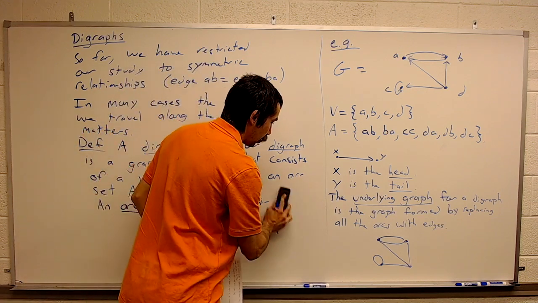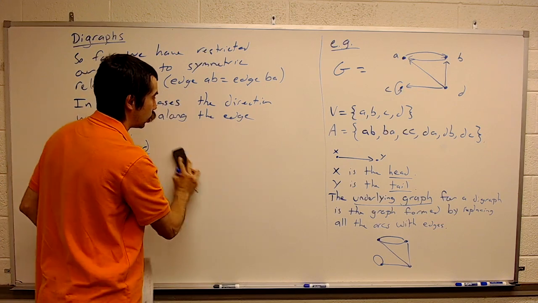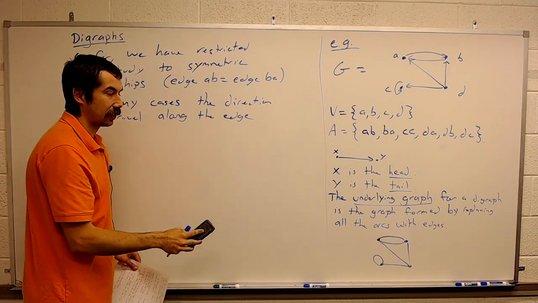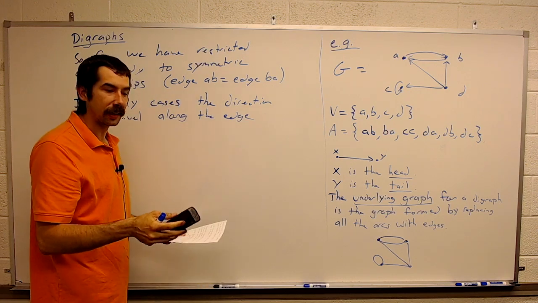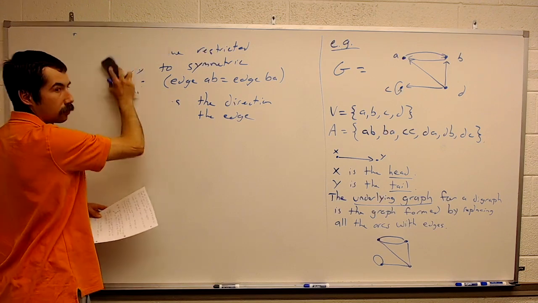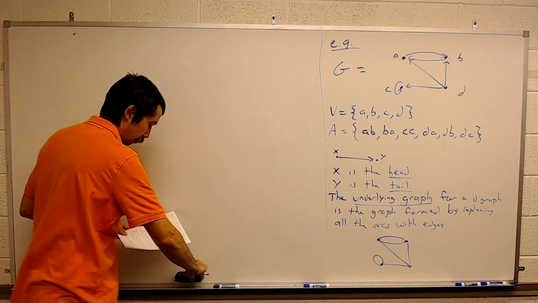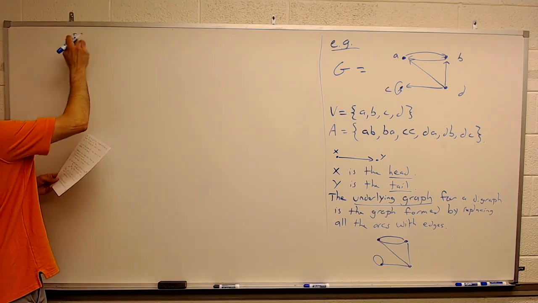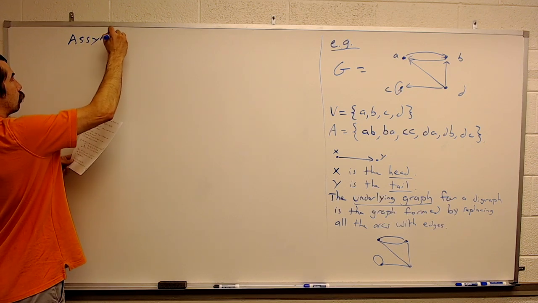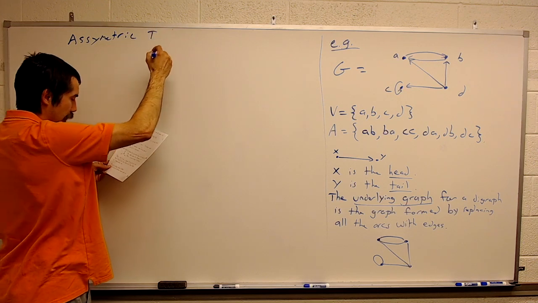All right, so what we're going to look at now is we're going to look at the traveling salesman problem, but not on graphs, but on directed graphs. So this is called the asymmetric traveling salesman problem.